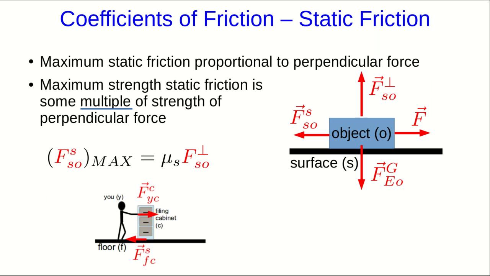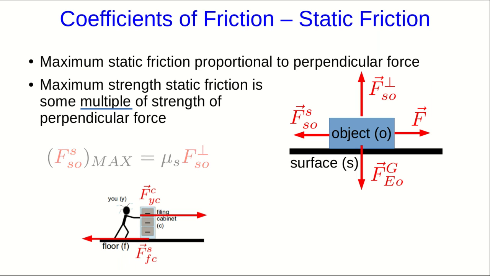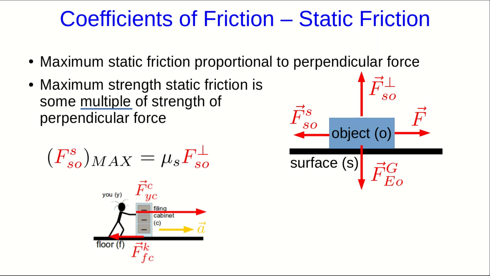As we've already seen, the size of the static friction force can be variable. If you push harder, the static friction increases to compensate. What this equation is saying is that there is some maximum value where if you're at that maximum value and you push just a little bit harder, then the object starts to slide and the static friction is replaced with kinetic friction.